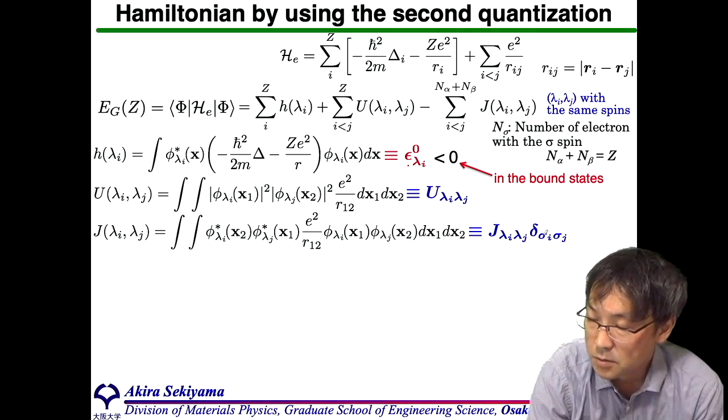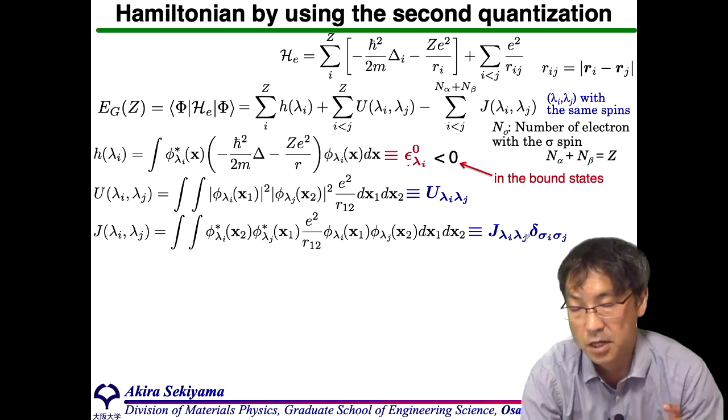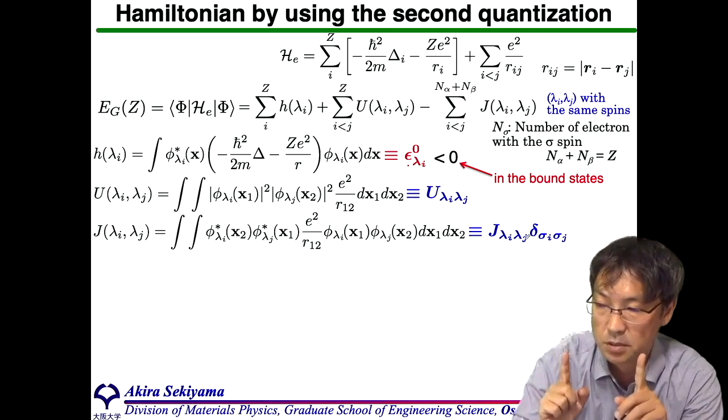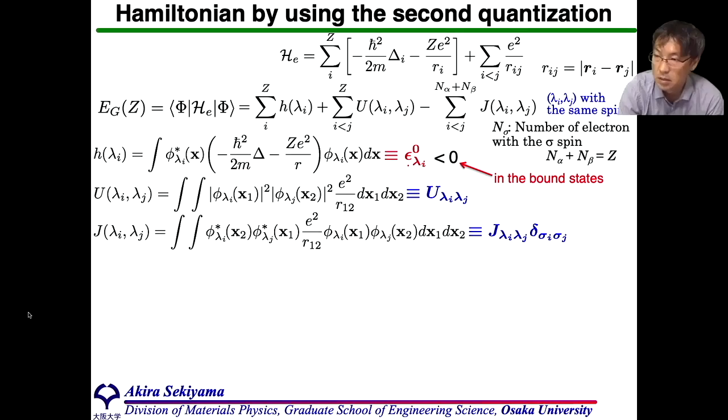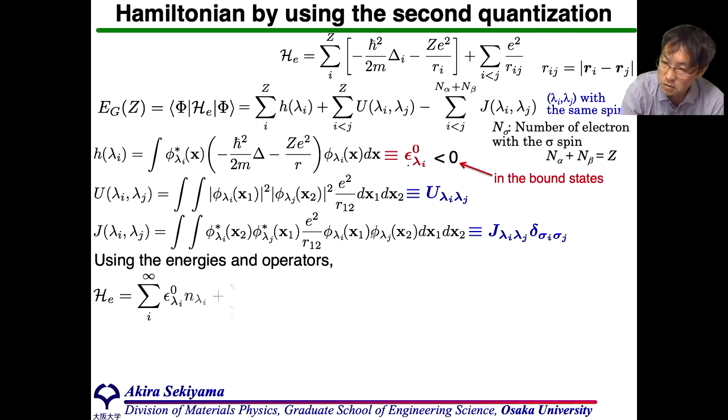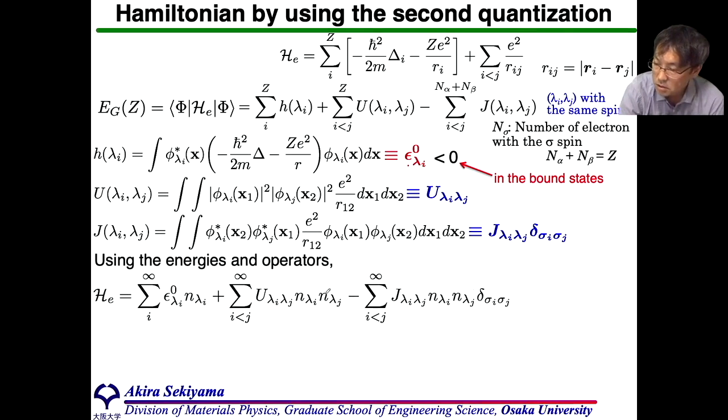Here we need to pay attention that the combination is of electrons with the same spin direction. Then we can express the Hamiltonian as this formula. The important thing is that this should be infinity. Instead, we set the occupation number operator here and here, like this one.